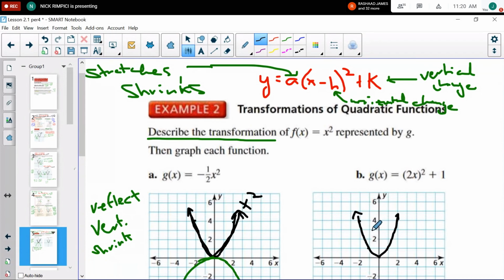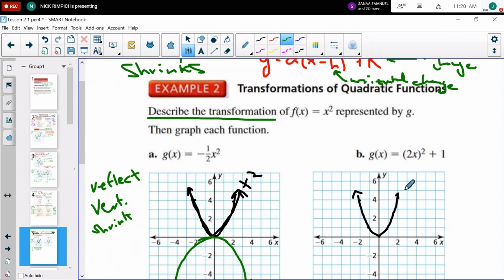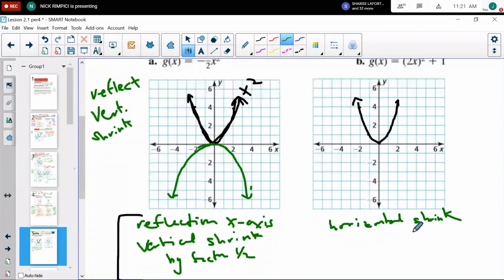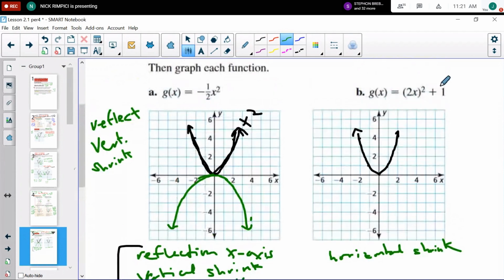Horizontal shrink and translation of 1 unit right. Okay, so I have a horizontal shrink, and I also have, he said, a vertical shift up one, right?